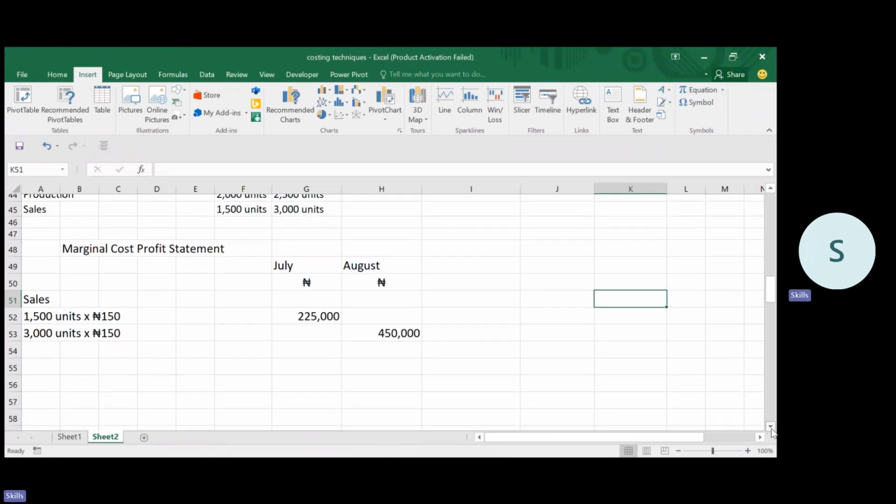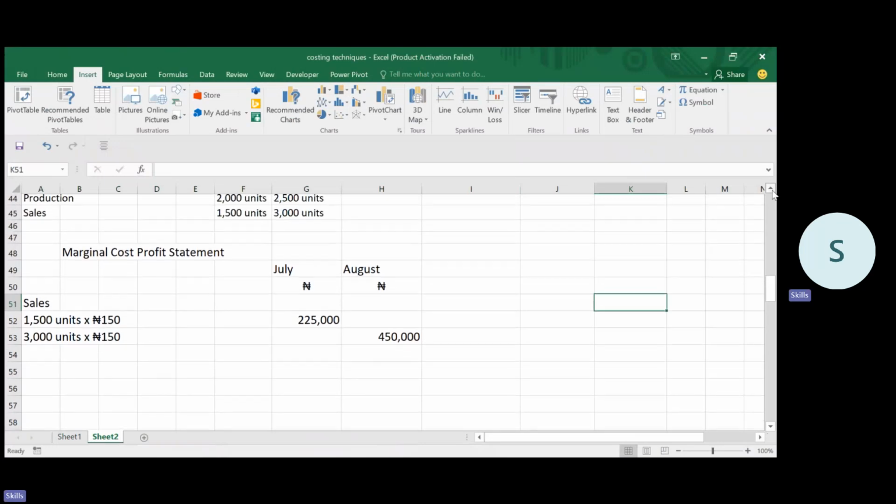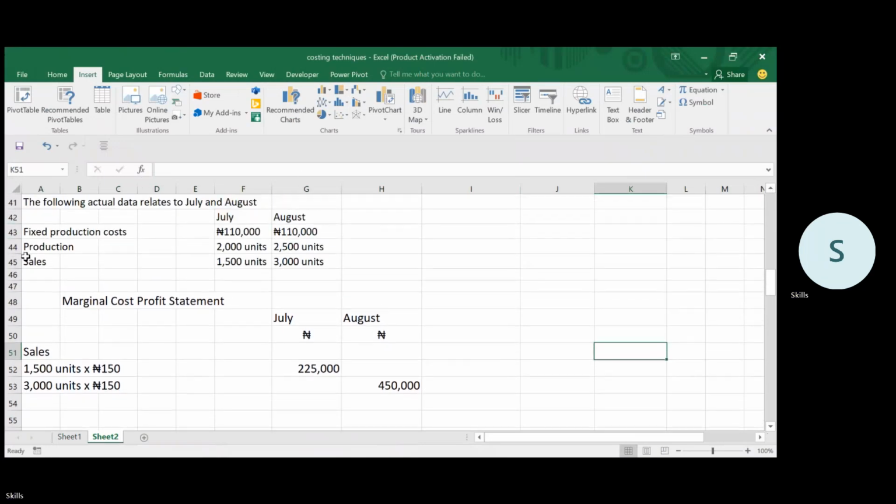Then the next thing we are going to look at is our opening inventory. Do we have opening inventory? From the records we will determine. For July, we are not given any opening inventory. For July, no opening inventory.